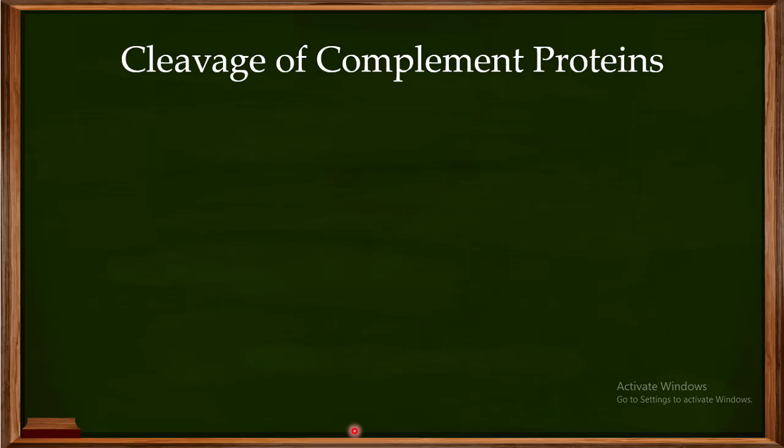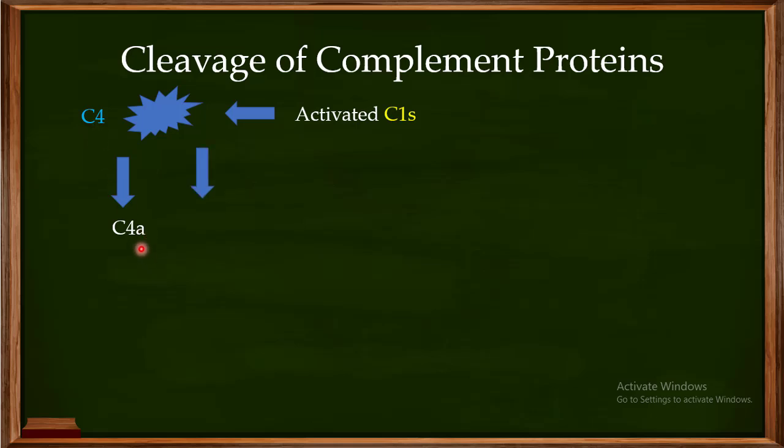When we talk about this C1s, it is responsible for the cleavage of the complement proteins. So the active C1s is responsible for the activation of the C4 complement protein as well as the C2 complement protein, as you will see in a while. When the activated C1s acts on the C4 complement protein, it cleaves the C4 into two components: the C4a and the C4b. I've told you that when they are cleaved, you get the active components.